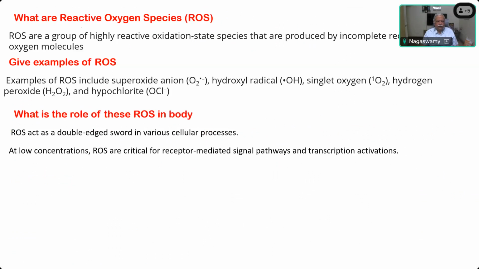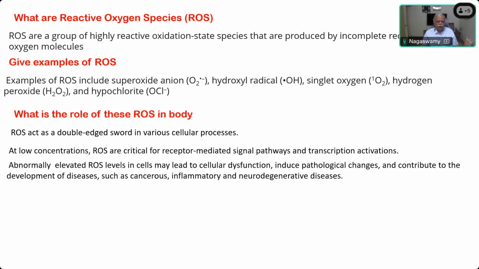At low concentration, they are critical for receptor-mediated signal pathways and transcription activation. Abnormally elevated ROS is lethal to cells, may lead to cellular dysfunction, induce pathological changes, and contribute to the development of diseases such as cancerous, inflammatory, and neurodegenerative diseases. Among all the reactive oxygen species, which is the most reactive? Hypochlorite.